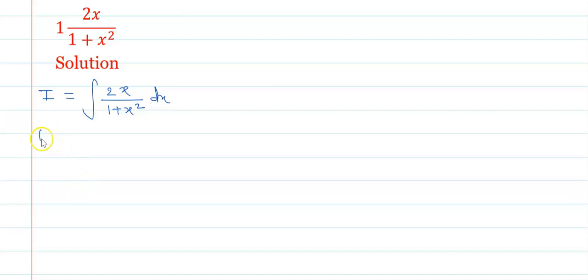Therefore, put 1 plus x square is equal to t. Derivative of 1 plus x square is 2x, and that's why we get here 2x into dx is equal to dt.